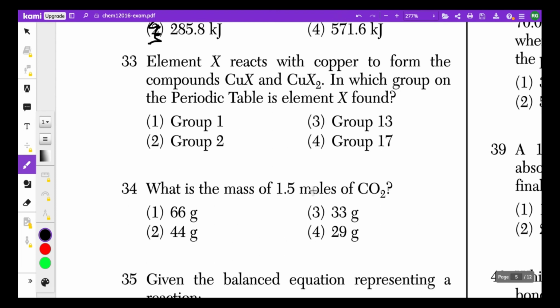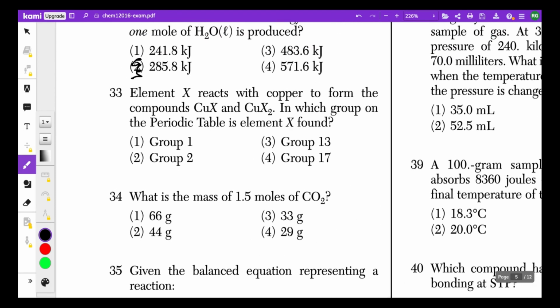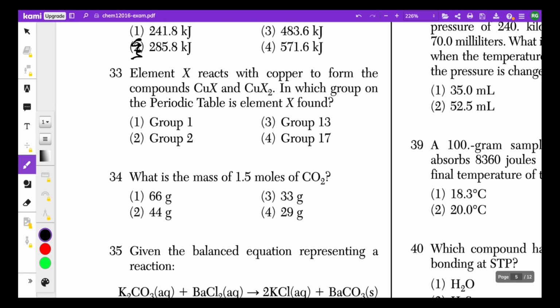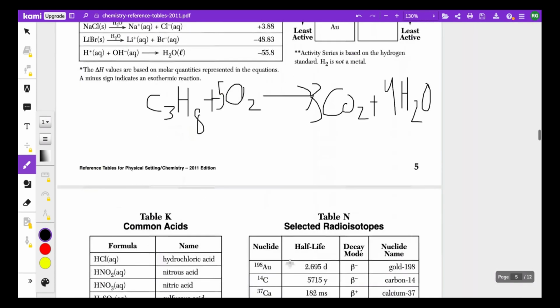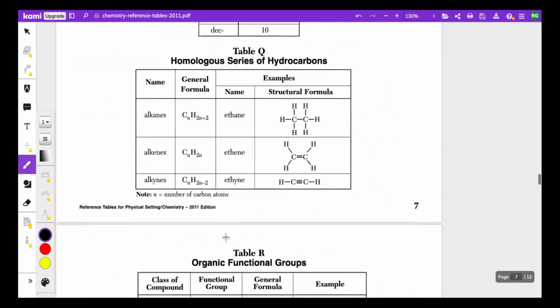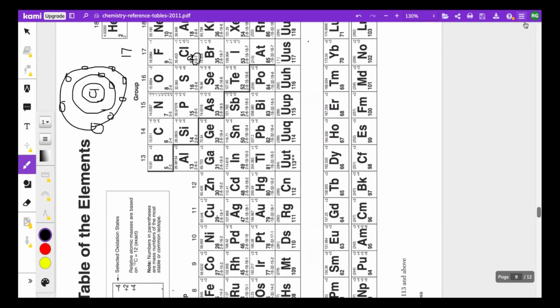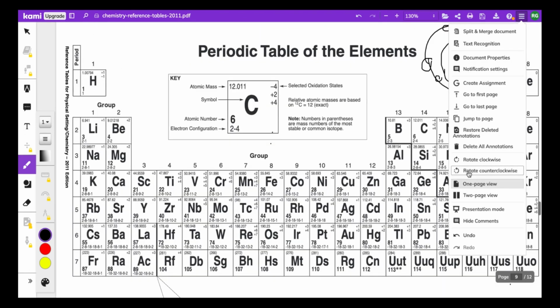Element X reacts with copper to form the compounds blah blah blah. Well, if you go to your periodic table, copper actually forms 2 charges. All right, it actually has 2 oxidation states.